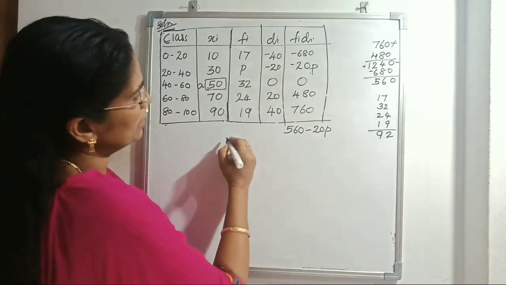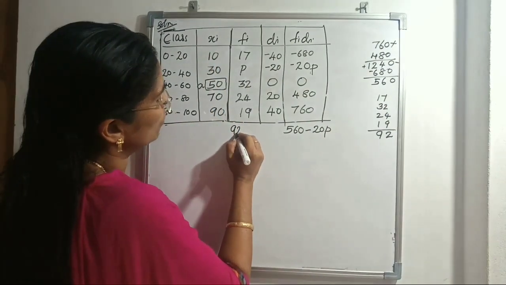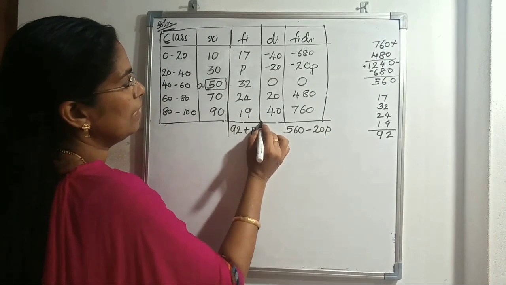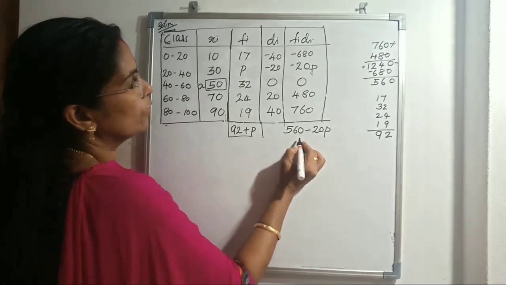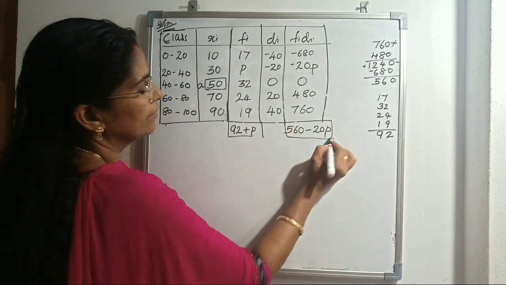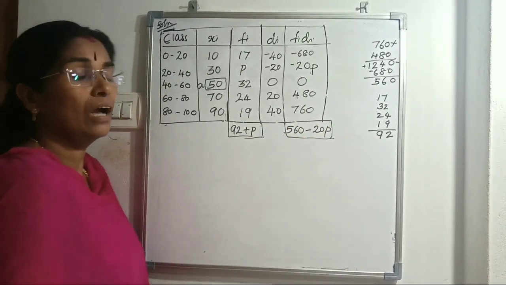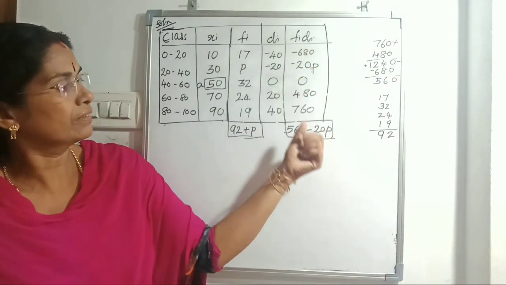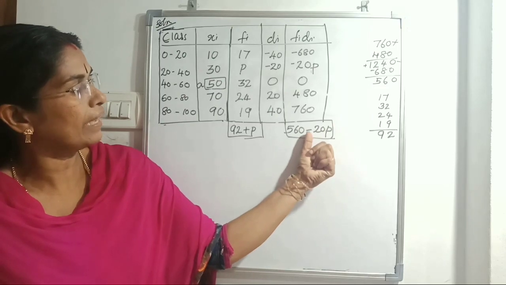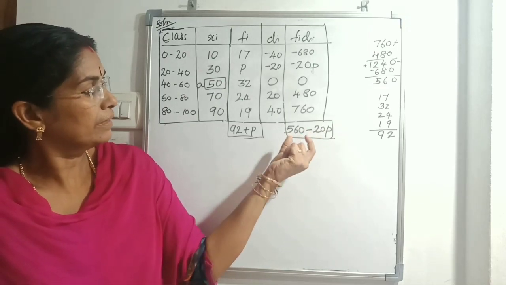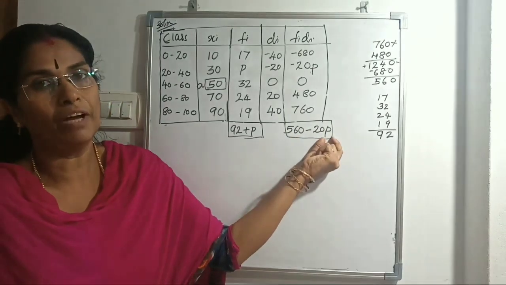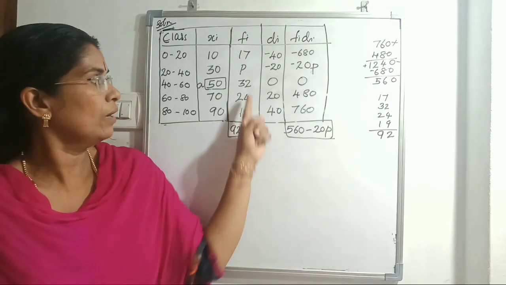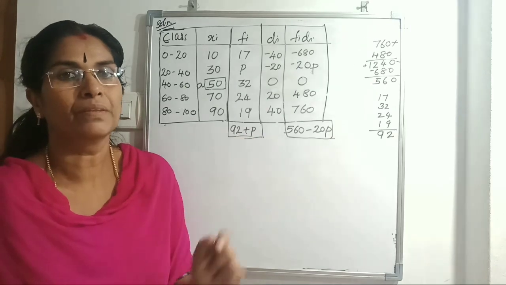Okay, so 92 plus p also there. This p we have to write like this. This is the total fi and this is the total fi di. Clear? How we can find it? The p value just keep there itself. After the last addition you have to write the answer and the p value. Here also total we are adding, we got 92 and one more term is that p.